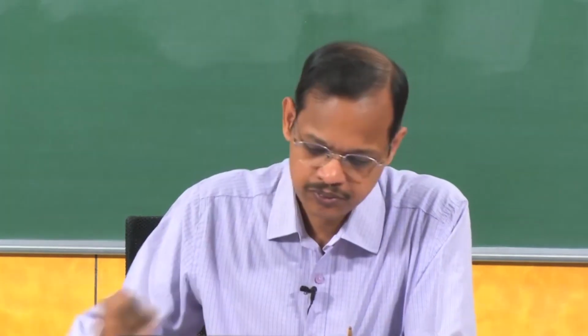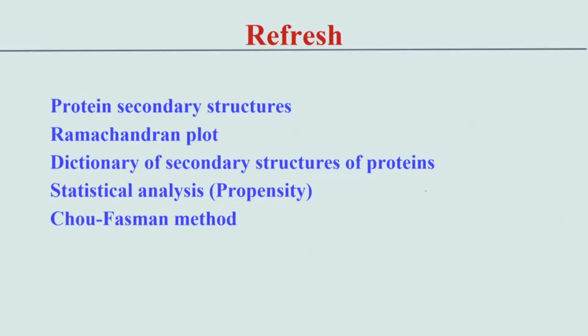There will be a division, first for any residue, in a specific conformation, for example alpha helix, divided by Ni, the number of residues in the protein. Then you can see N alpha, the number of residues in alpha helix. This is for any residue i; here it is for the whole protein.